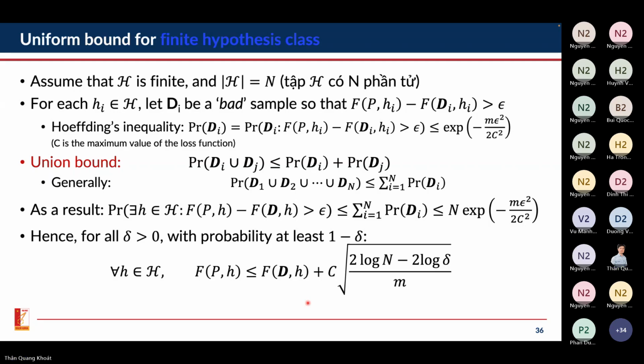By this way, we can see that as m goes to infinity, this quantity goes to 0, right? So the empirical error will go to the expected error. So this result is good, right? If we have a large data set, then this quantity should be small. Okay. So it means that this model class is PAC learnable, right?